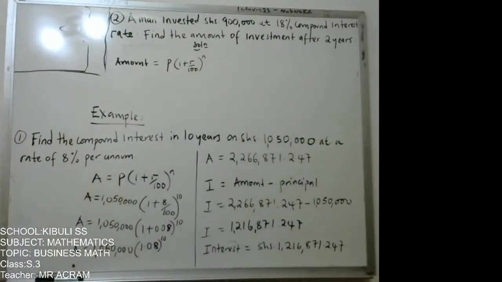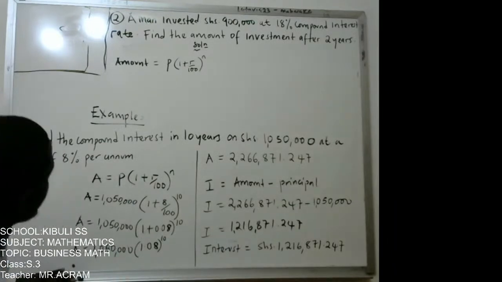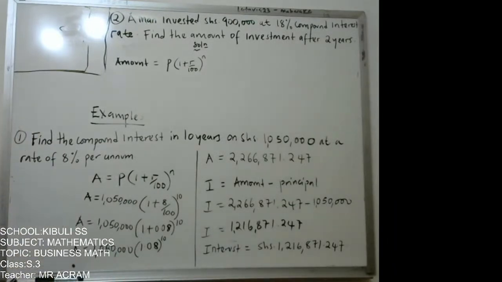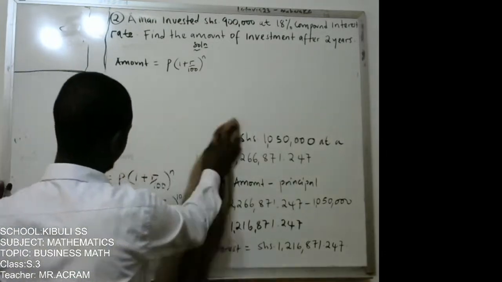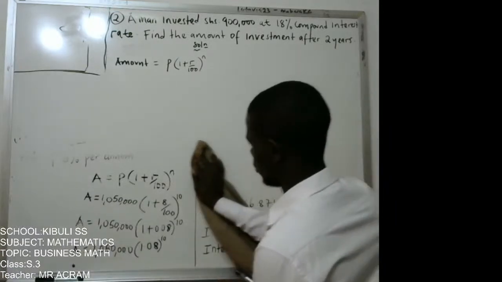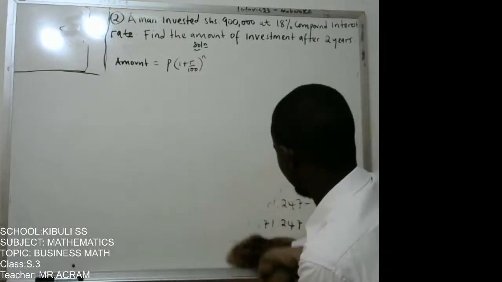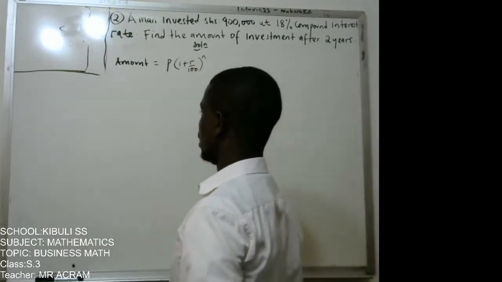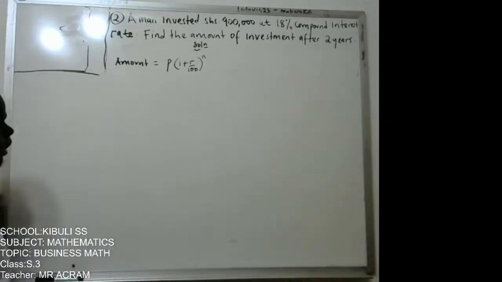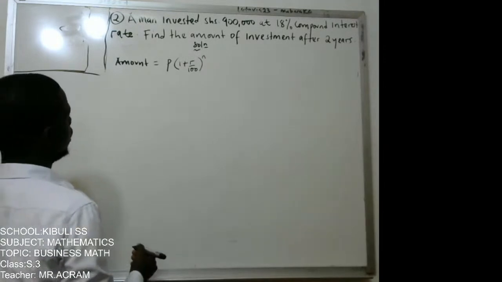Don't worry, n or t, it depends on what you want to use. So amount is equal to principal into 1 plus r over 100 power n.